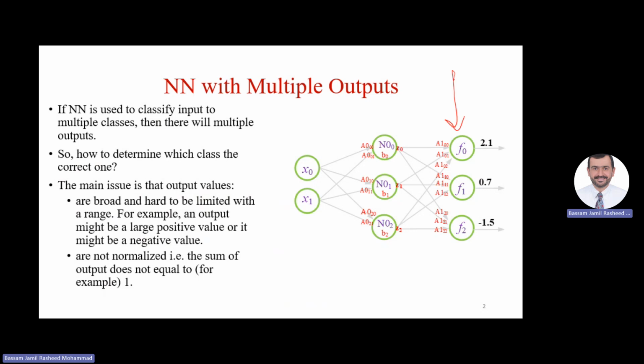But now we want to look at neural networks with multiple outputs. You can see here's one output, and here's one output, and here's one output. We need to answer two questions actually. One, which one of those do I consider as the output, the correct output, or the classification if I'm classifying? Two, how do I train such a network? Inference and training, we need to answer these questions.